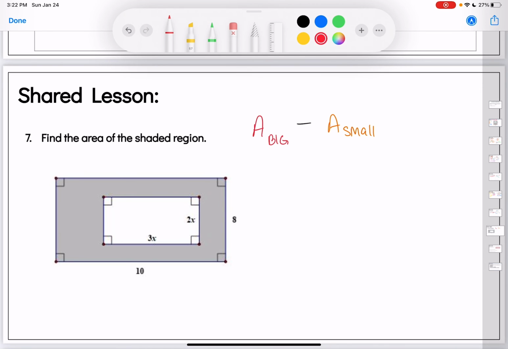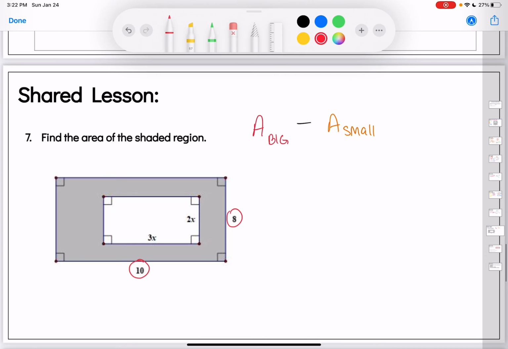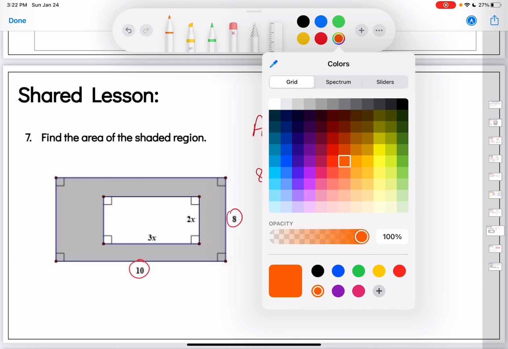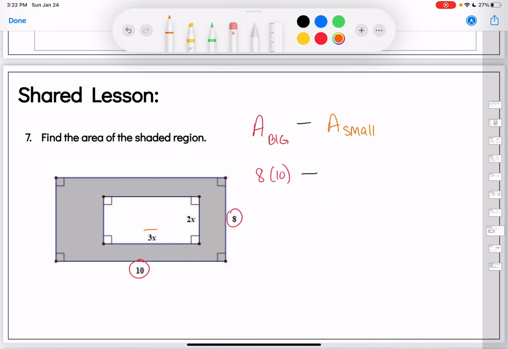The big one has dimensions 10 times 8, so the area would be 8 times 10, 10 times 8, however you want to think of it. The small one has 3x and 2x, so my area of my small one will be 3x times 2x. 8 times 10 is 80, minus 3x times 2x, right?